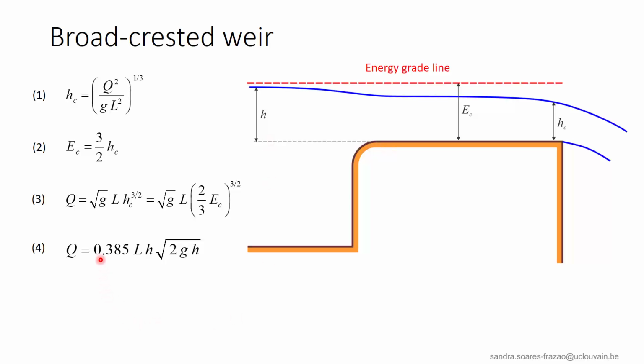And this coefficient 0.385 is simply the value obtained after calculating the values of the constants in equation 3. In practice, the discharge coefficient denoted here by mu will take slightly different values as indicated here in equation 5. It must be noted that such a broad-crested weir has a very poor efficiency in terms of discharge evacuation.